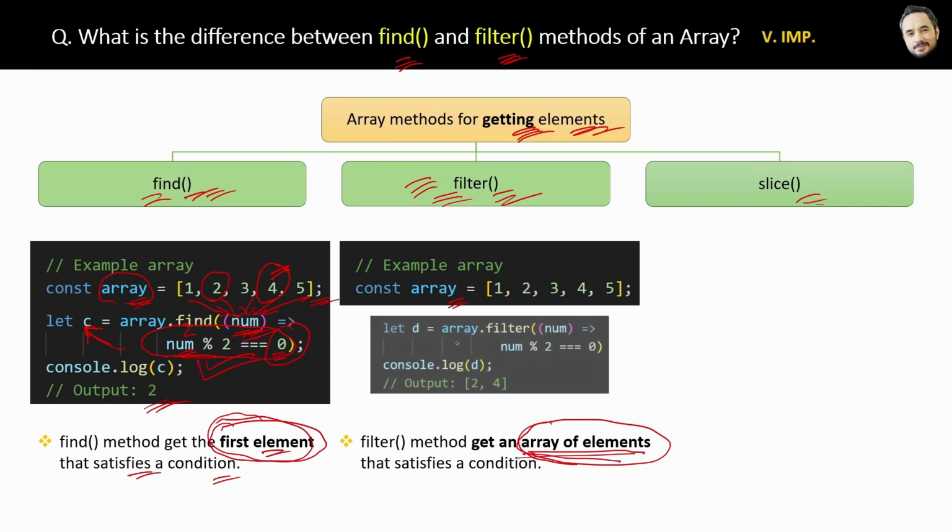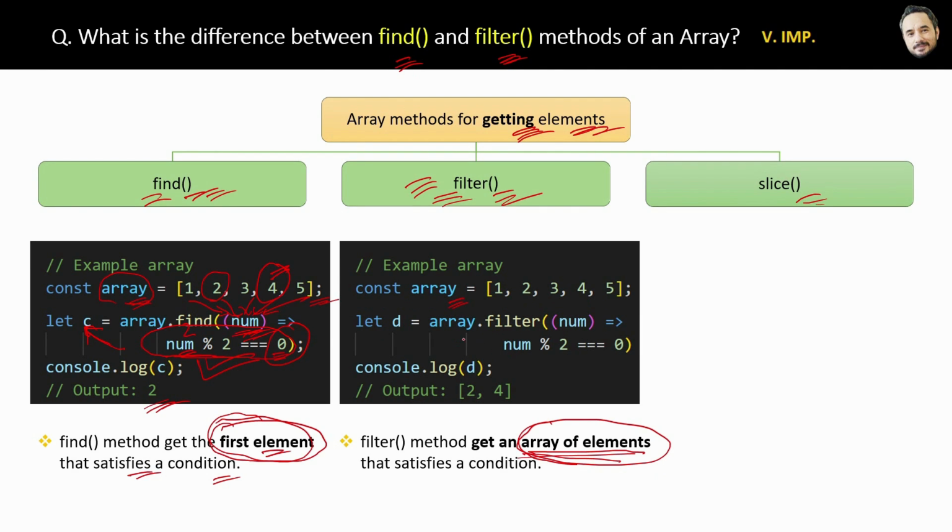See the code, and here the logic is exactly the same as the find function. All the elements of the array will be accepted as parameters one by one, and inside there will be a condition. Now the difference is that for whatever element this condition is true, all those elements will be added to the result array, and that array will be finally assigned to this variable d.